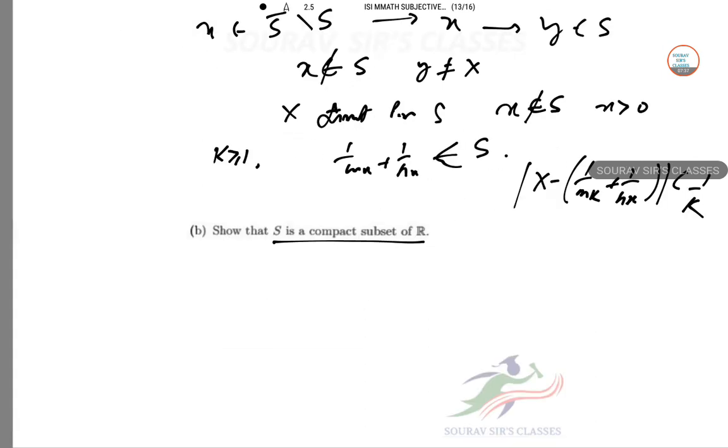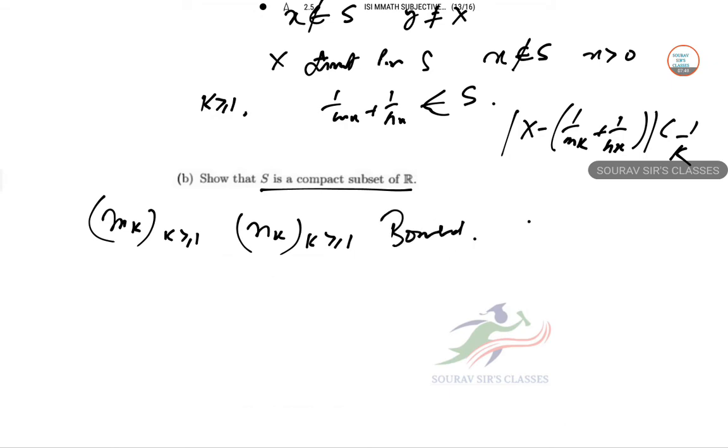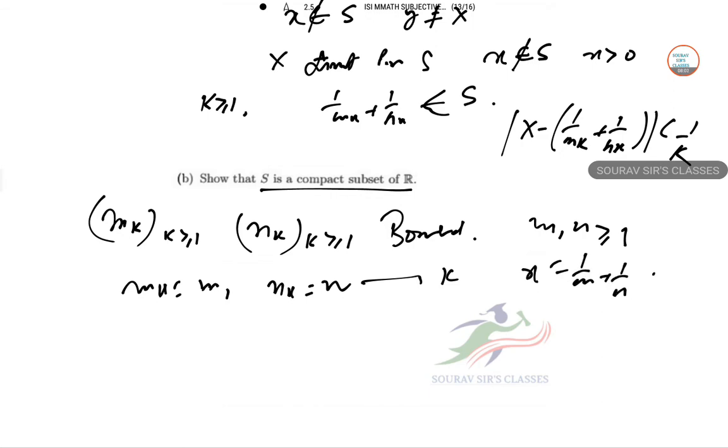So in both the sequences mk, k greater than or equal to 1, and nk, k greater than or equal to 1, if these two are bounded, then there exist values m, n greater than or equal to 1 such that mk equals m and nk equals n for infinitely many values of k. But again, x is 1 by n, which belongs to S, which is not the case.